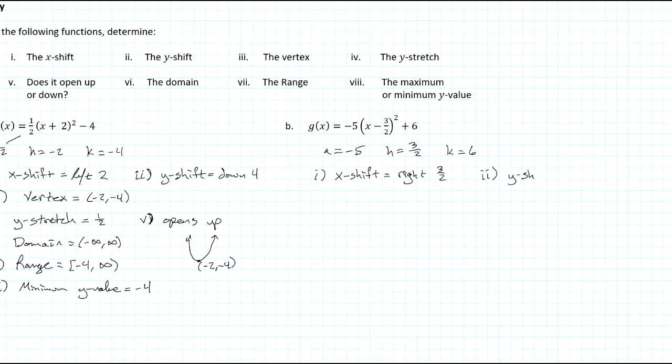The y shift is up 6 because it's a positive 6 there. And so we can quickly see then that the vertex is going to be 3/2, 6.